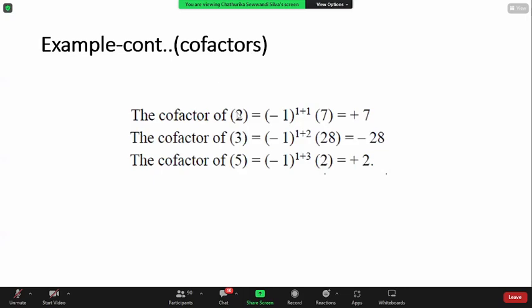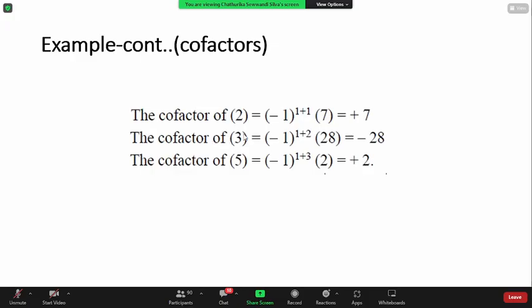So they have tried to find the determinant with respect to the first row, and they show how to find the cofactor. Since this is the first row, the first element 2 has minus 1 to the power 1 plus 1, so it is plus.